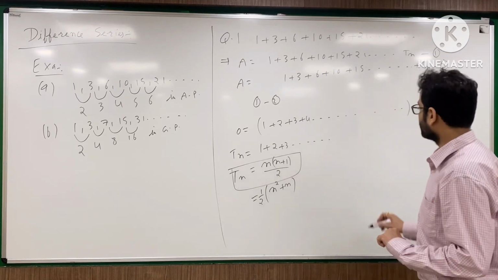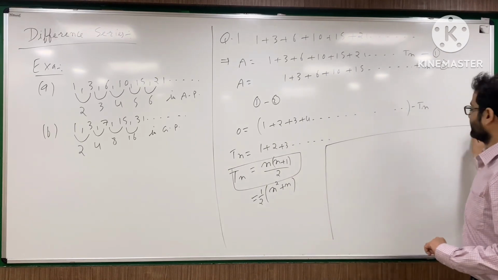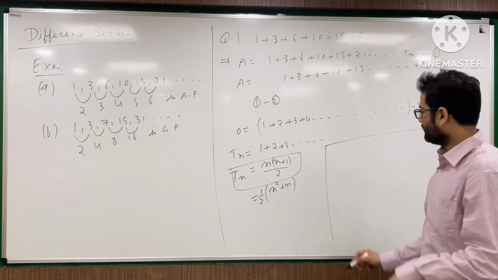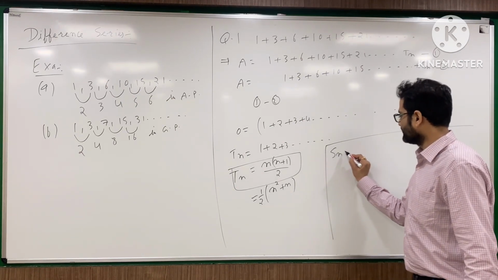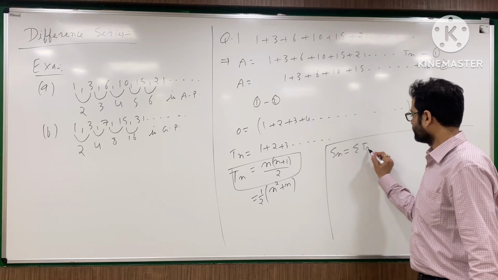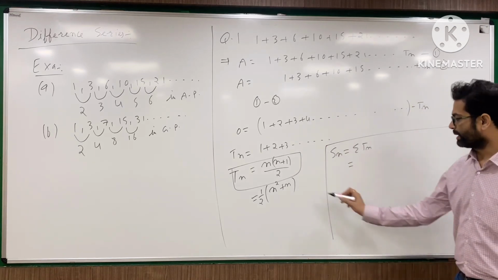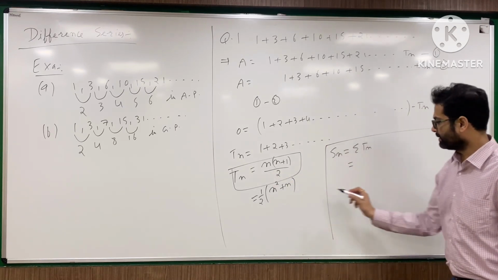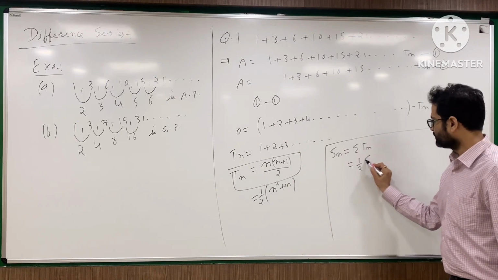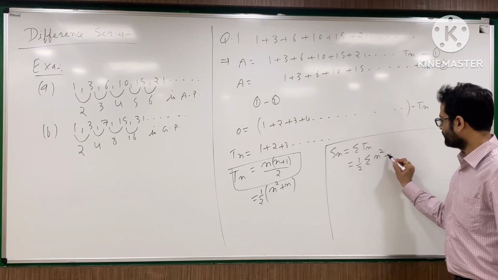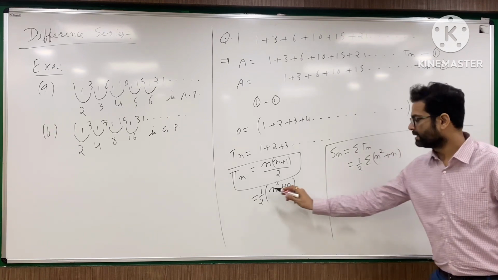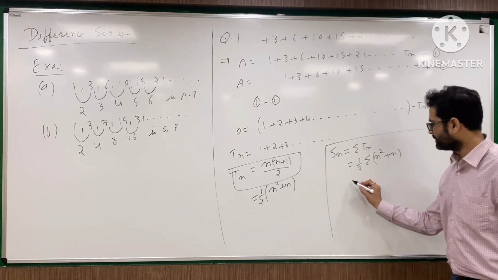Okay. Then how do we find Sn? Sn means sum of n terms. So we know Sn equal to summation of Tn. And what is Tn? 1 by 2 summation of n square plus summation of n. We distribute the summation sign.